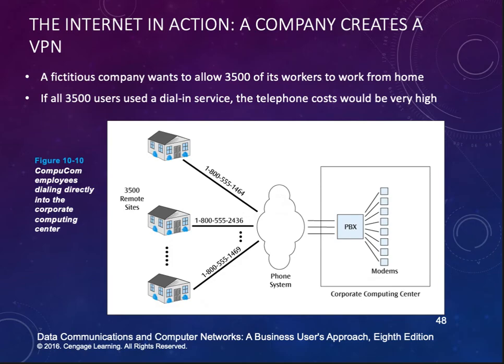Here we have, for example, a company that creates a VPN for 3,500 remote sites. Here the system dials a 1-800 number phone system, connected by the PABX into the modem.